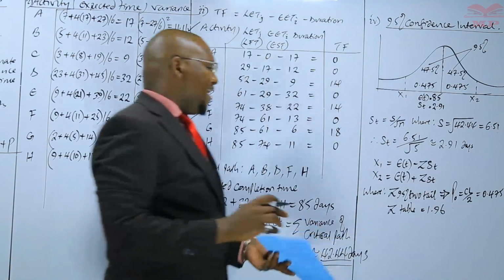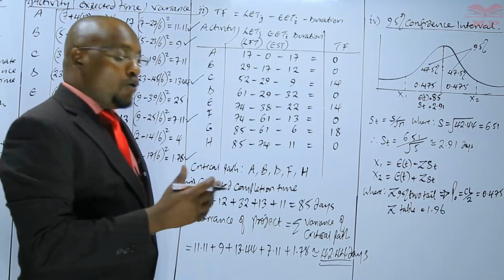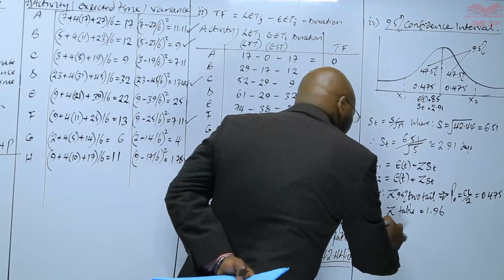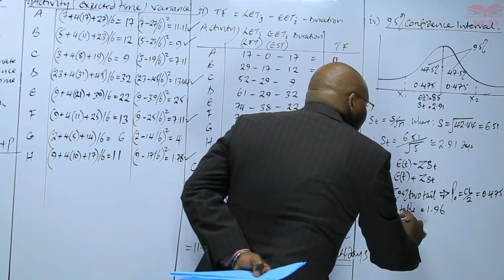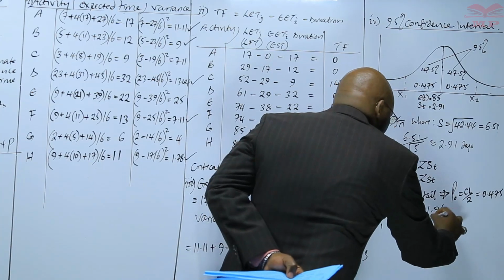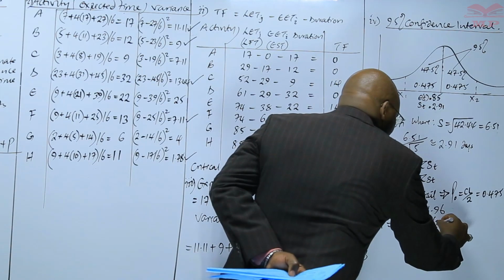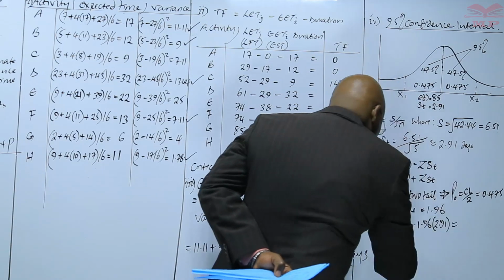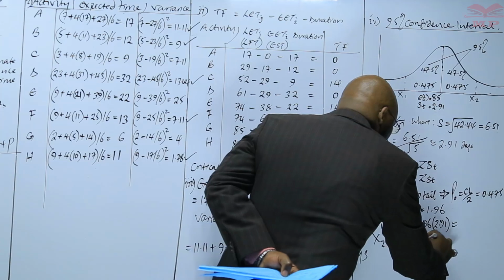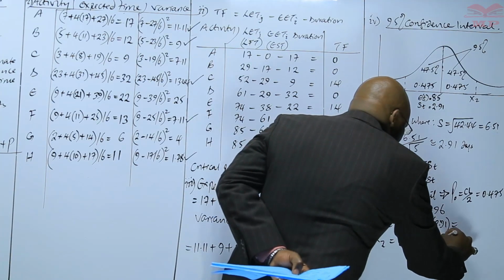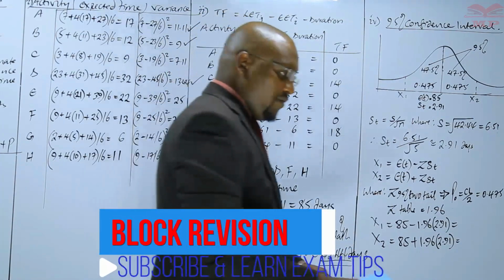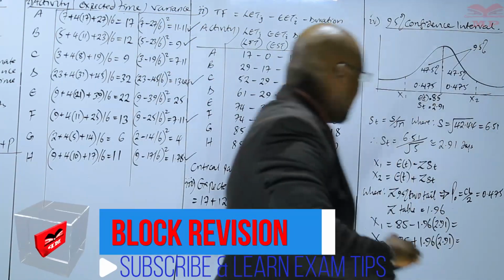With that now we can determine the lower and upper limit. x1 is going to be 85 days minus 1.96 multiplied by 2.91, while x2 is going to be 85 plus 1.96 multiplied by 2.91.